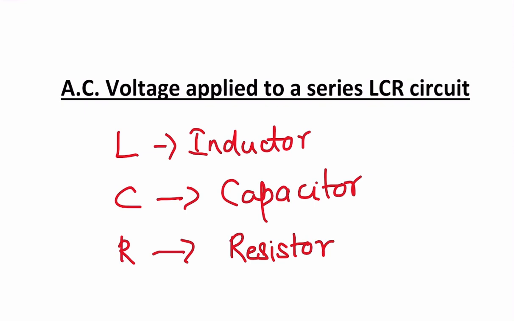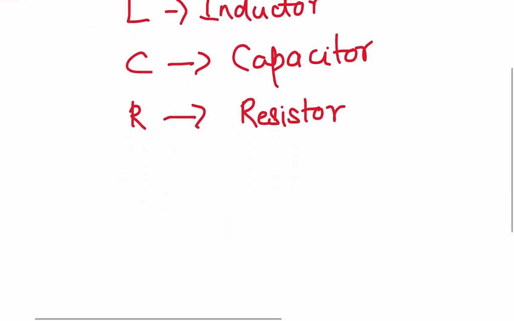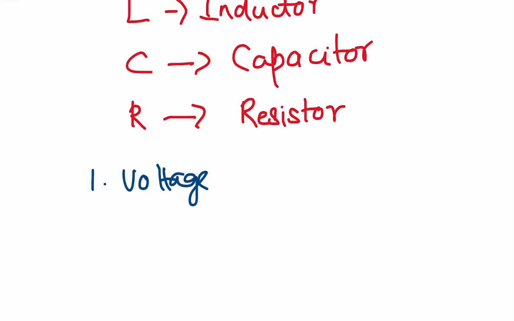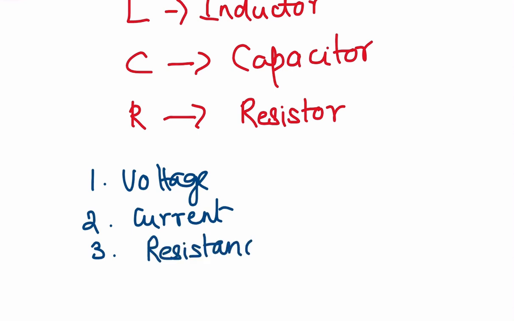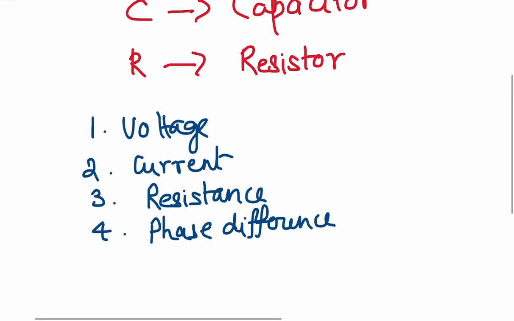And already I told you in my previous videos, for every circuit we need to find the equations of 5 quantities. Number 1, voltage equation; number 2, current equation; number 3, resistance of the circuit, that is called reactance in some circuits, and impedance in the LCR circuit; number 4, phase difference between voltage and current; and number 5, power of the circuit.